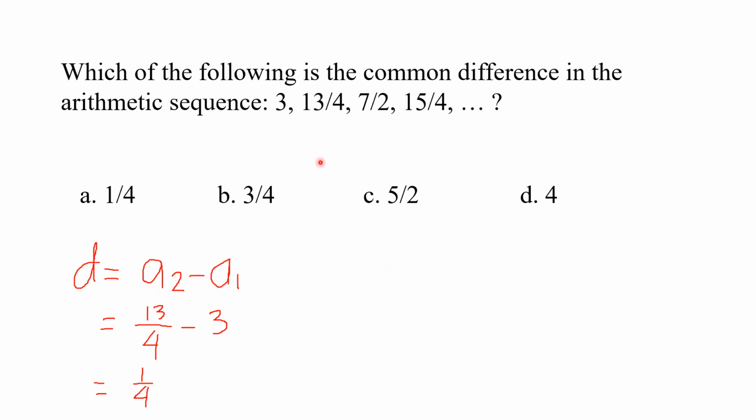Our second term is 13 over 4 minus the first term, 3. We simply multiply 4 times 3 and then get the difference, 13 minus 12. So that is 1 over the common denominator. Therefore, the common difference is 1 over 4, and that is letter A.